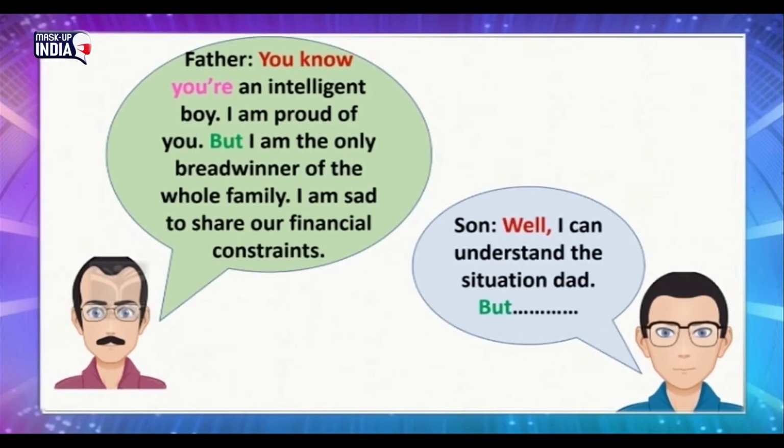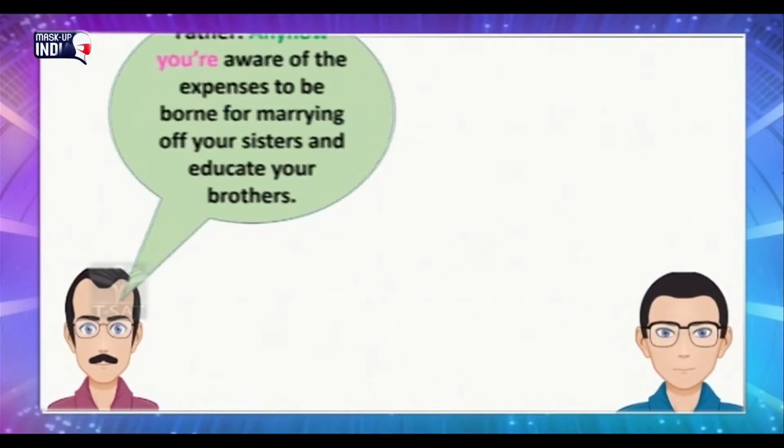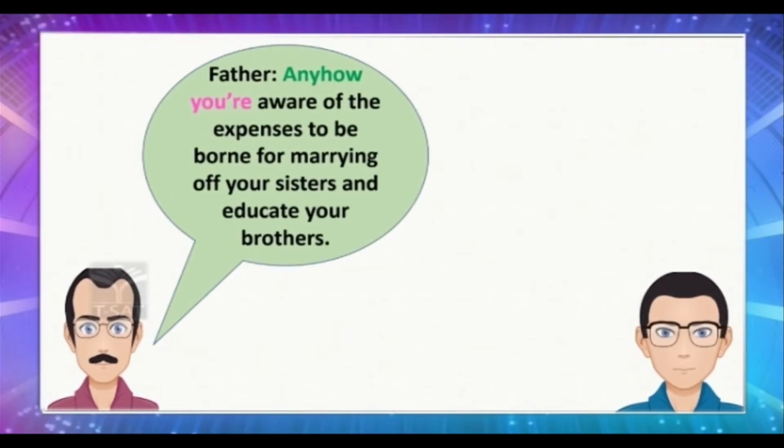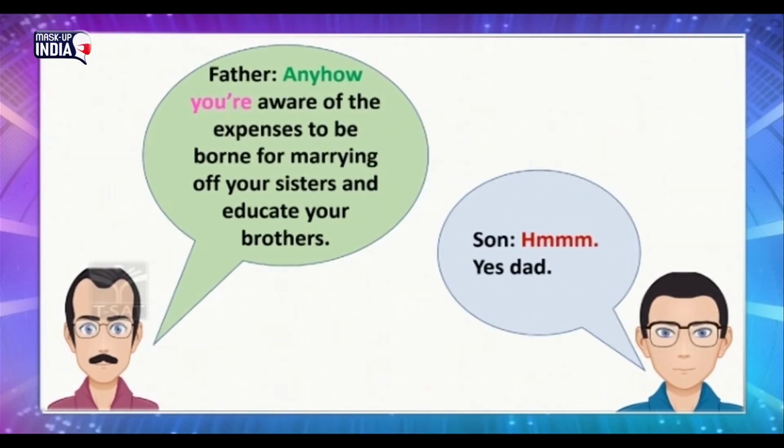Son: Well, I can understand the situation, Dad. But Father: Anyhow, you are aware of the expenses to be borne for marrying off your sisters and educating your brothers. Son: Yes, Dad.